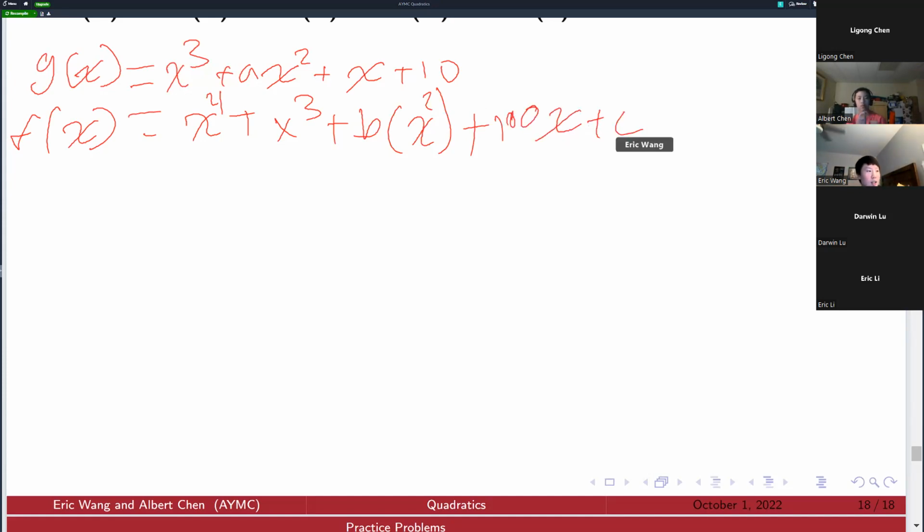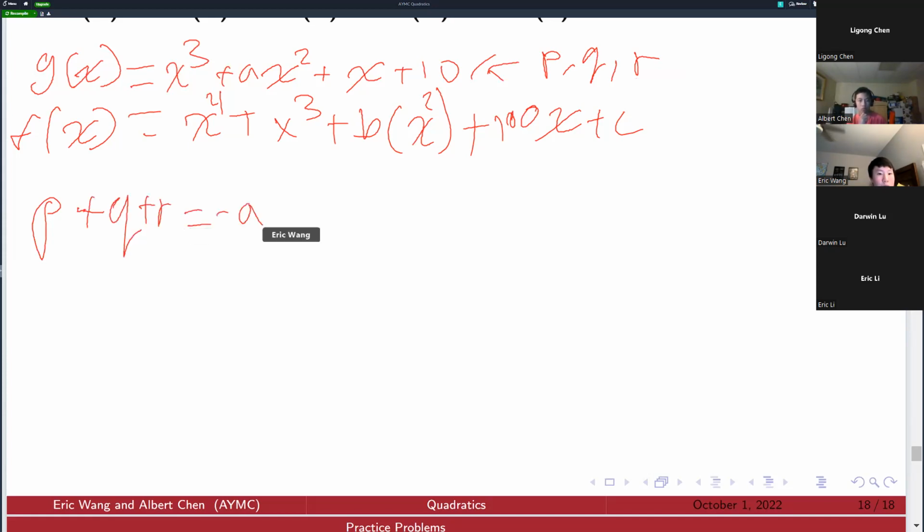So if we let the roots of g of x be p, q, and r, we know that because of Vieta's, p plus q plus r equals negative a, and pqr equals negative 10.